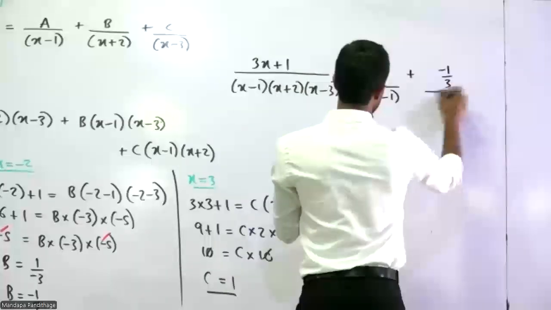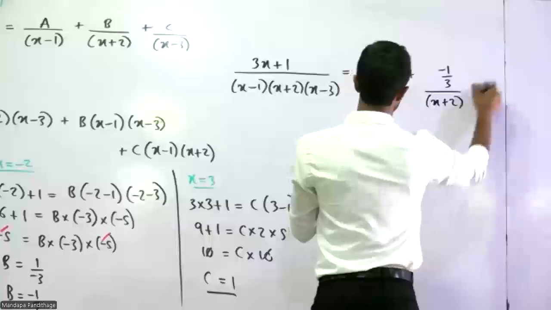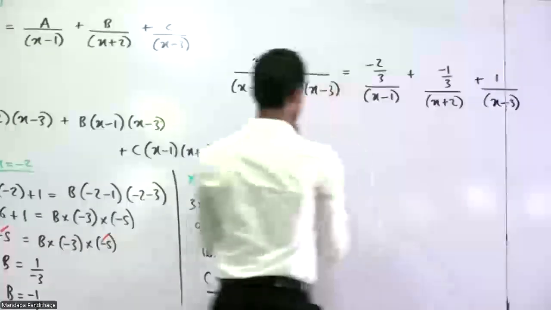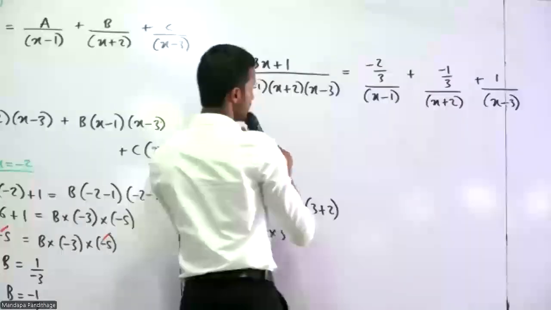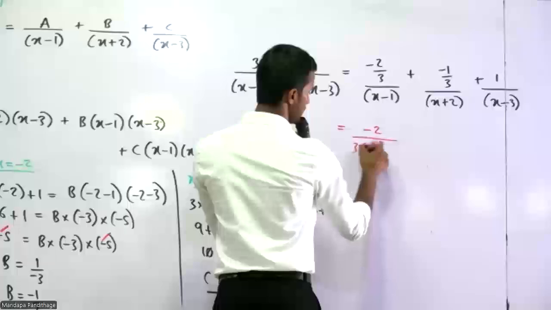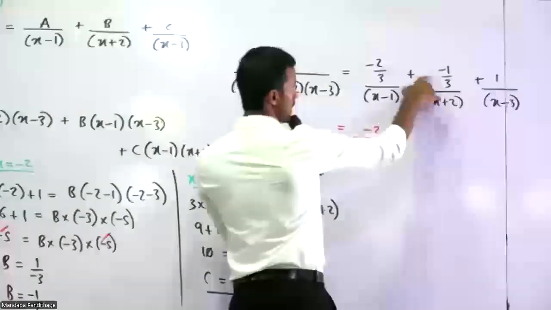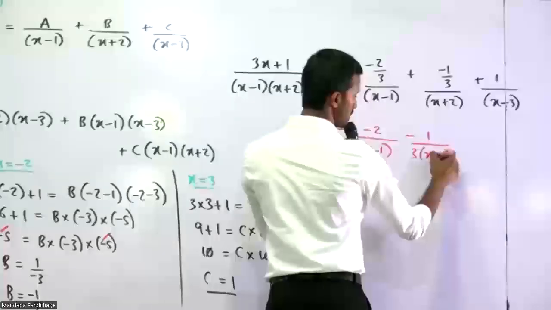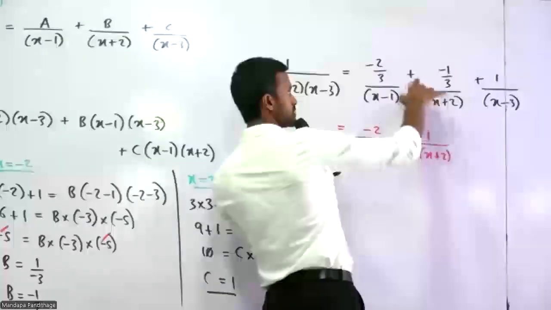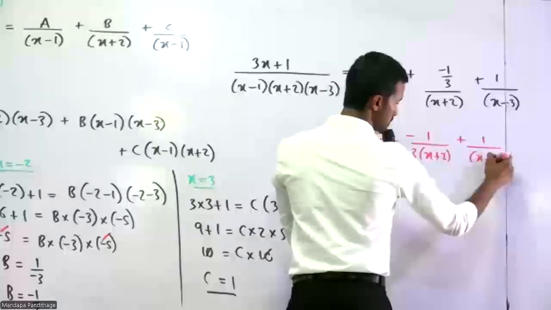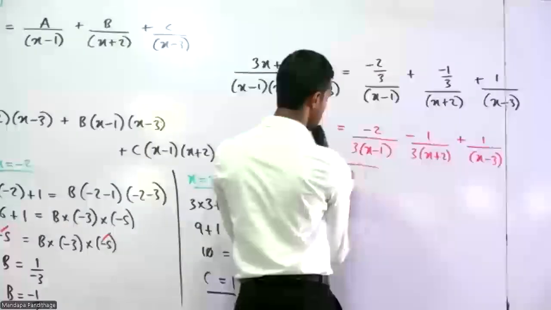Minus 1 over 3, x plus 2. This is minus 1 over 3 comes down. So how did this become minus? Because plus minus is minus. And what is C? Final one is 1 over x minus 3. So you keep the final answer in this format.